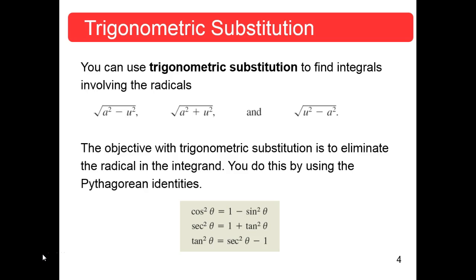A radical of this nature, where you have the square root of a constant minus the square of a variable or function or expression, or the square root of a constant plus a square of a function, or the square root of a function squared minus some constant, which is sort of the reverse of the first one, okay? Now the objective here with trig substitution, okay, now time out just for a moment.